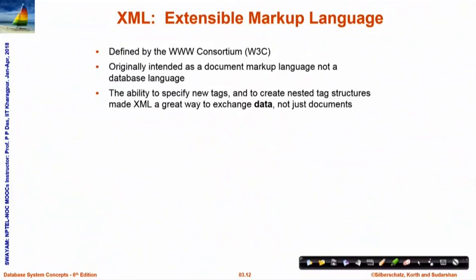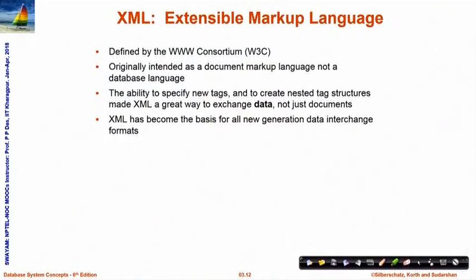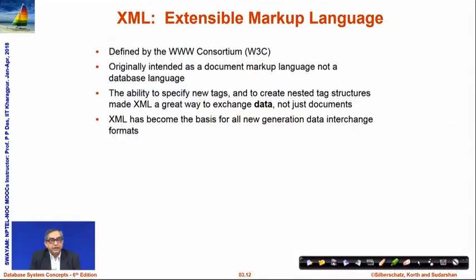But subsequently, it turned out that the way XML deals with different components in terms of tags, and the ability to create nested tags, makes it a great language for exchange of data, as I explained in the last module also. So, it has become the basis for all kinds of new generation data interchange formats.